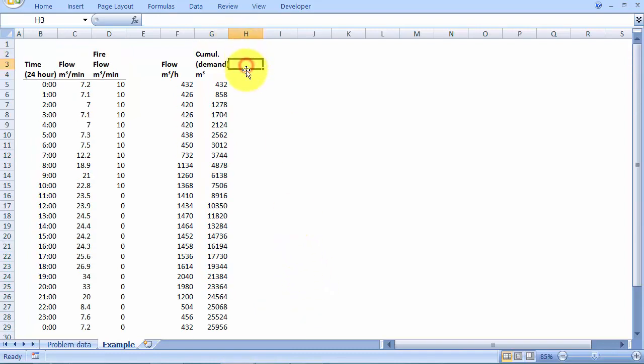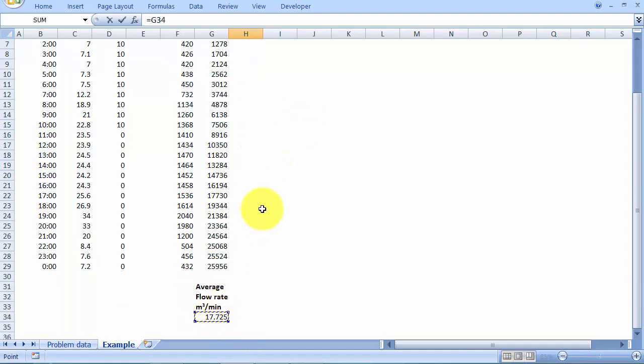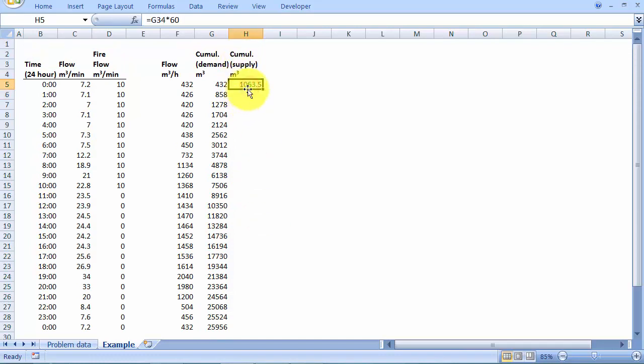Now if we were to work out the way that the supply of this water would look over the 24-hour period, using the meters cubed unit again, this is going to be another cumulative thing, and this will be our supply. For our supply this time, we take our average flow rate and multiply it by 60 to find out how many meters cubed we are going to pump into the system each and every hour.